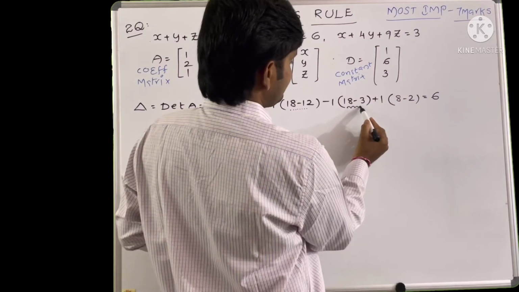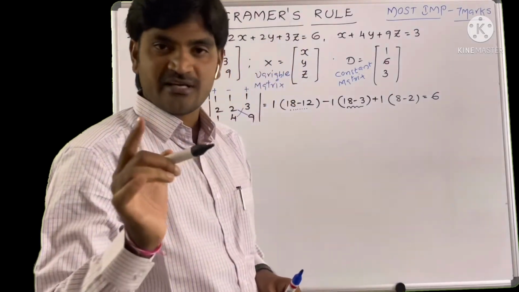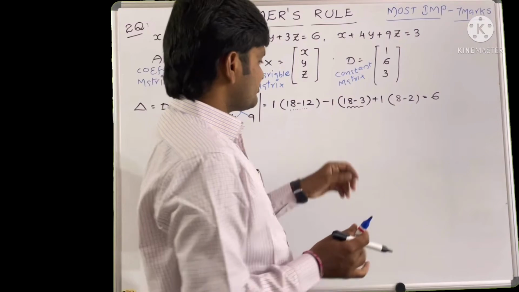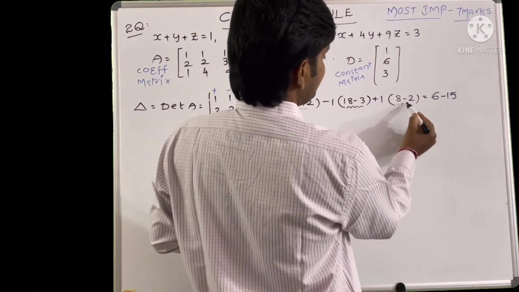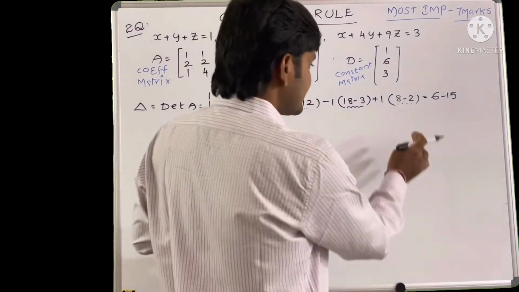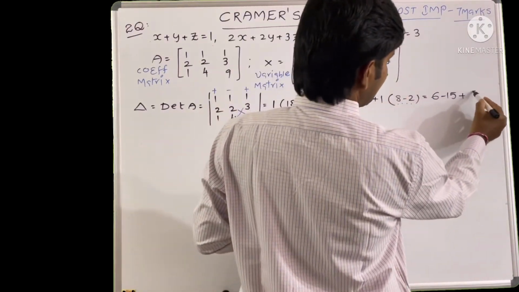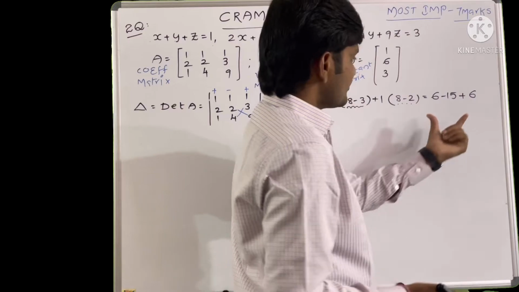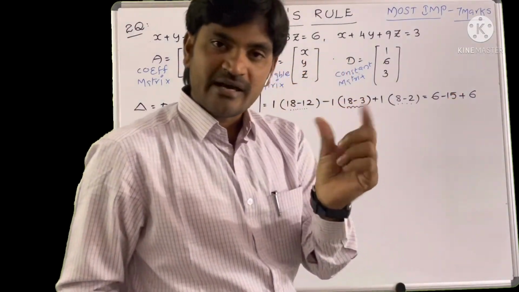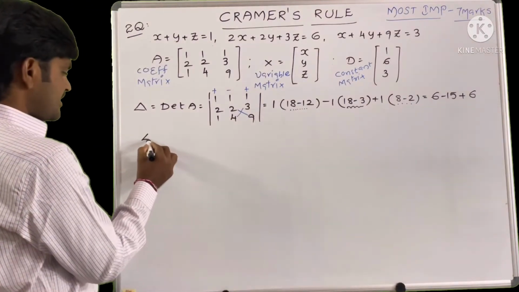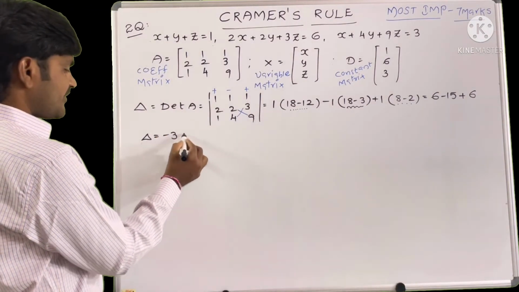Similarly, 18 minus 3 value is 15, and 15 into minus 1 is minus 15. 8 minus 2 is 6, and 6 ones are 6. Now 12 minus 15 is minus 3. So delta value is minus 3.